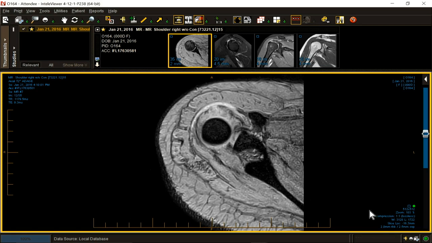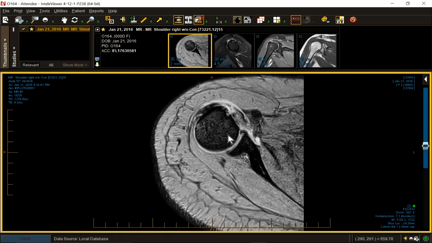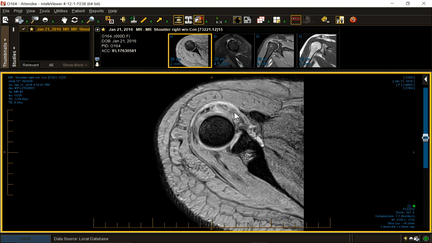I know that I have 2 millimeter gradient echo images that are strong for tendons, strong for articular spaces, not very good for bone, and I've got decent resolution and good water emphasis. So I'm going to see a lot of water signal intensity on this image.